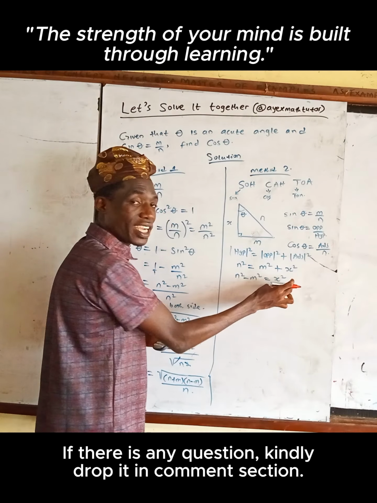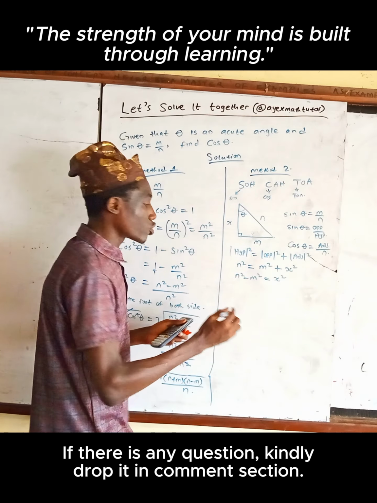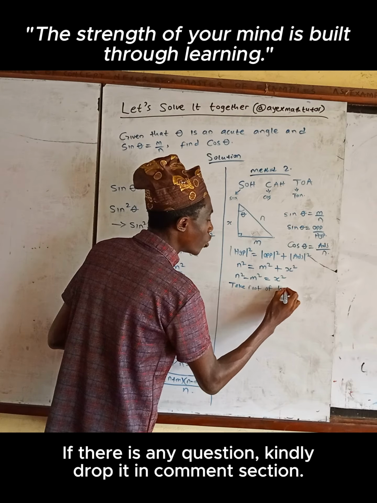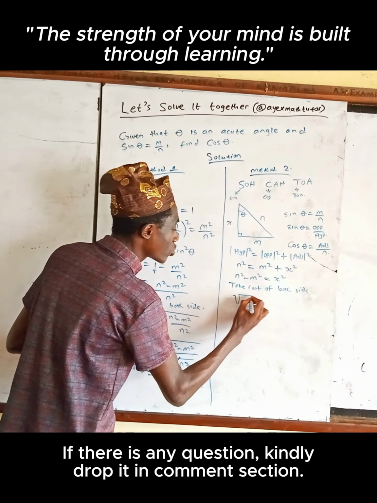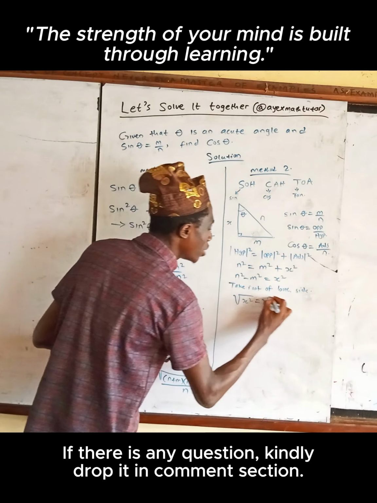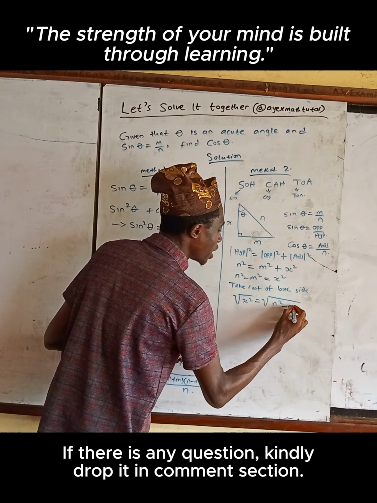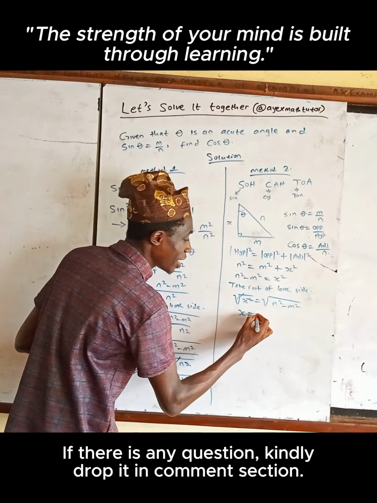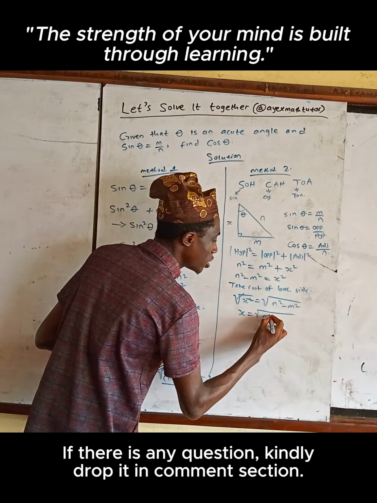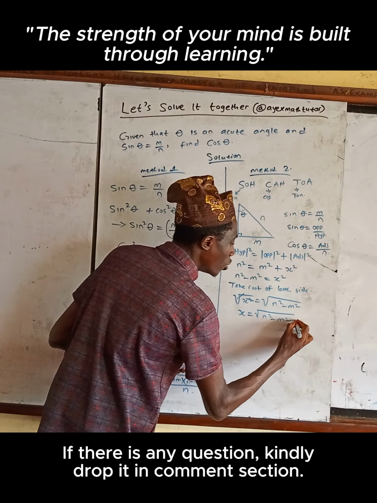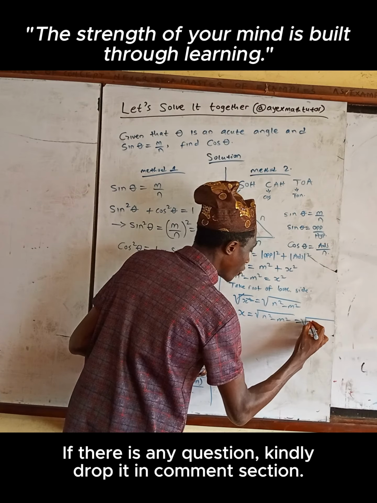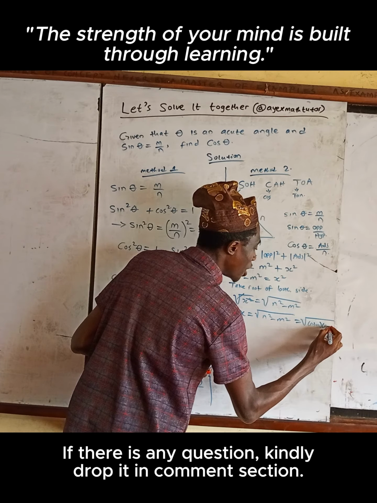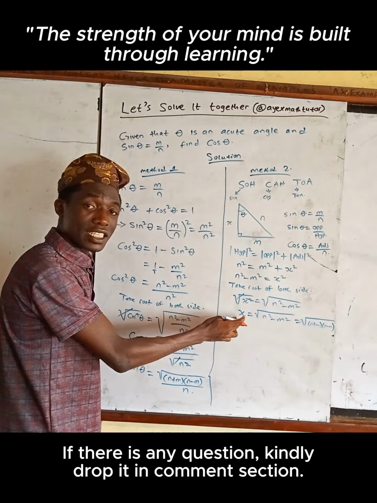From this place, to find our x, just take the square root of both sides. So we have the square root of x square is equal to the square root of n square minus m square. The root cancels the square. So we have our x, which is our adjacent, to be the square root of n square minus m square, which is the same thing as the square root of n plus m, n minus m. From this place, we have already got our adjacent.